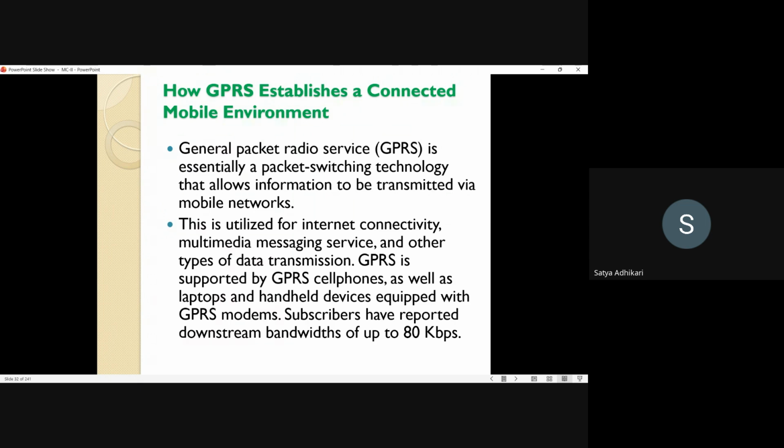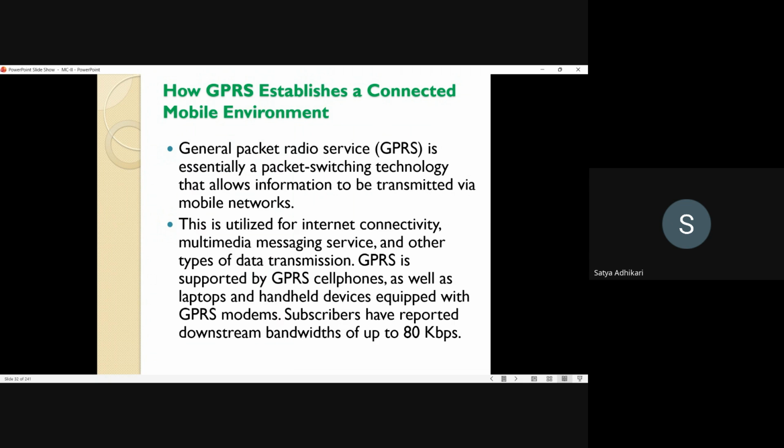How GPRS establishes a connected mobile environment. General Packet Radio Service (GPRS) is essentially a packet switching technology that allows information to be transmitted via mobile networks.